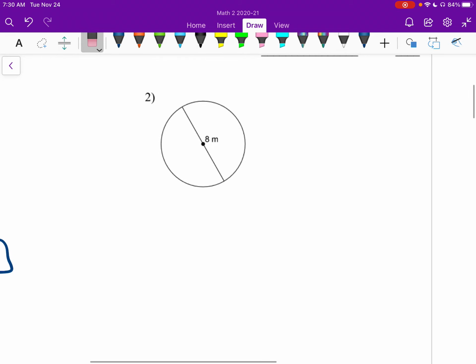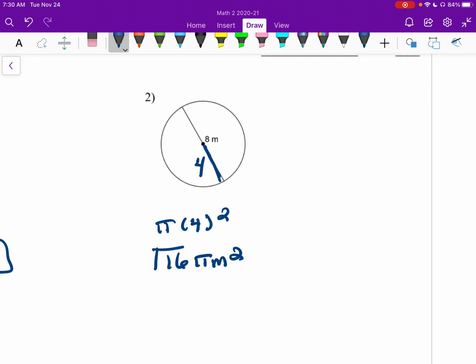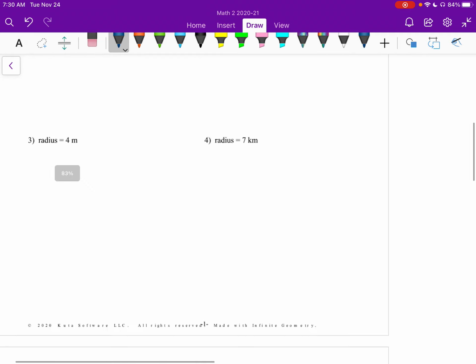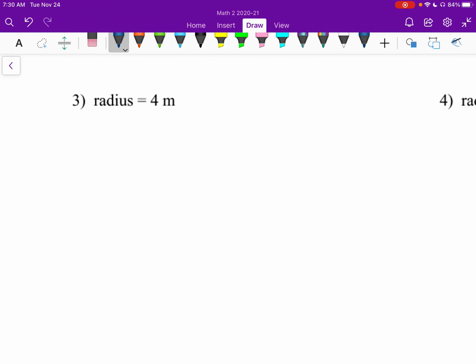All right, number 2. My diameter is 8. My radius is 4. So I'm going to say pi 4 squared, so 16 pi meters squared. All right, number 3. This one just tells us my radius is 4. So that's actually the same thing as number 2.